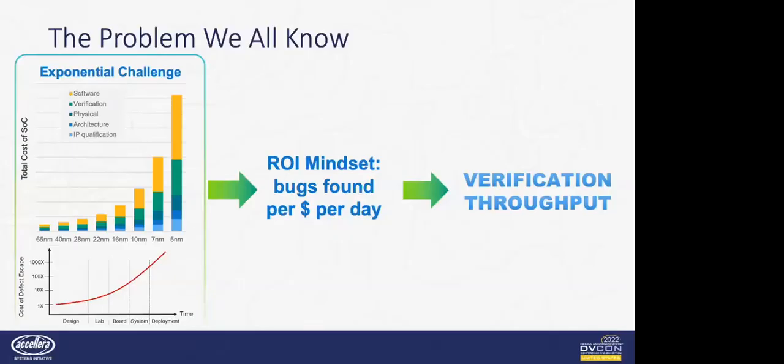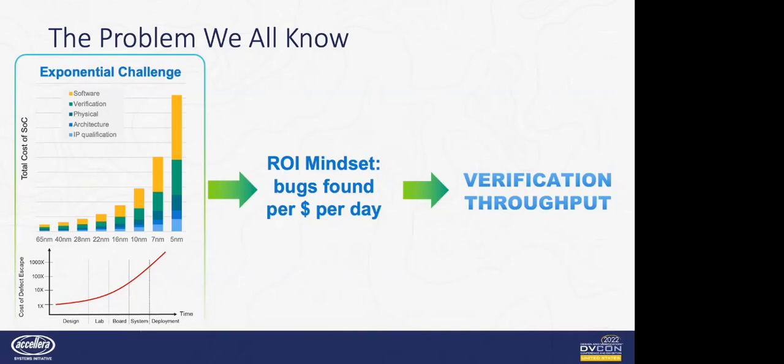Now, some quick background here. We all know the problems. Designs have gotten more complex, up and to the right, a nice exponential curve here. And we see that the problems are getting more difficult. We also see our next exponential curve: the later in the design we find a problem, the more it costs to fix it and the more time it takes. We just love exponentials.